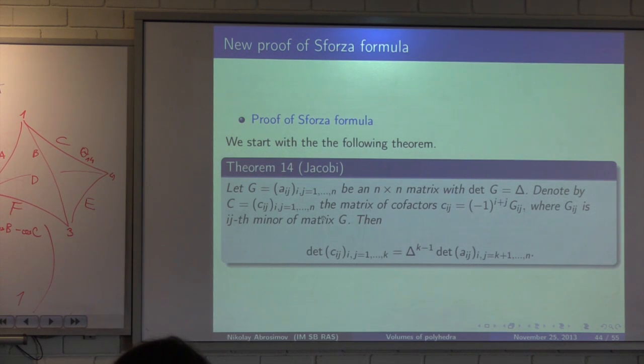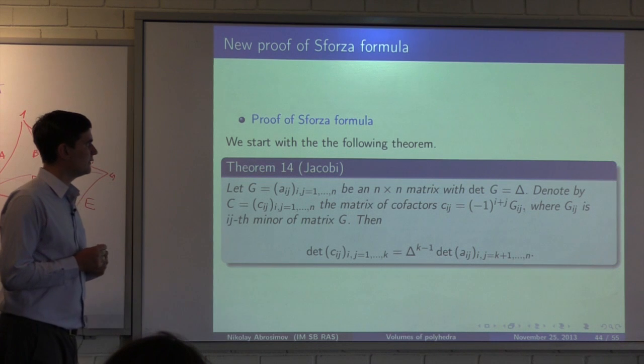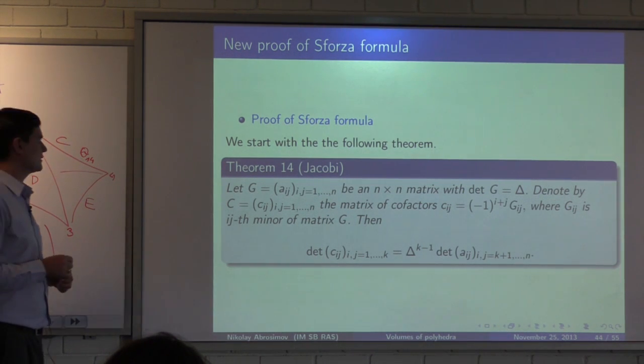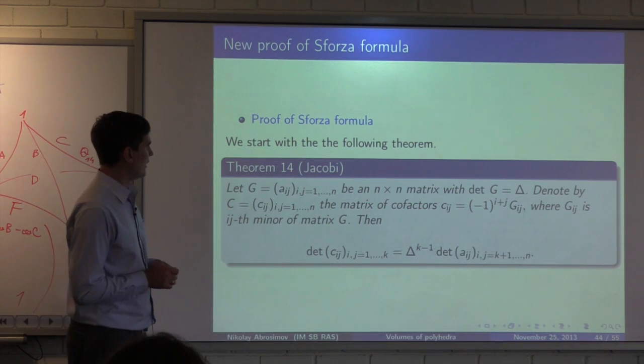So, since all the information about geometrical parameters of the tetrahedron is sitting inside this matrix, what we need is to get the information from here, and we were lucky to find a convenient relation between matrix minors, that is the so-called Jacobi relation.